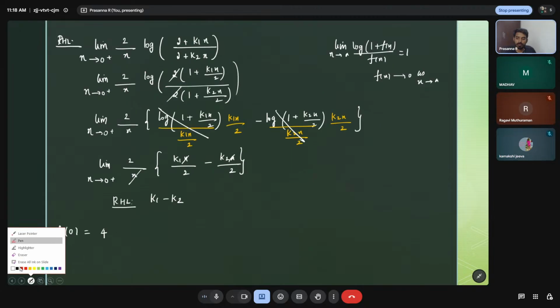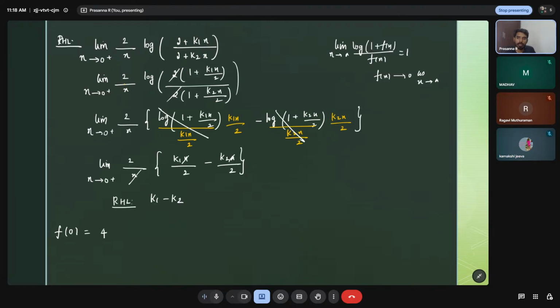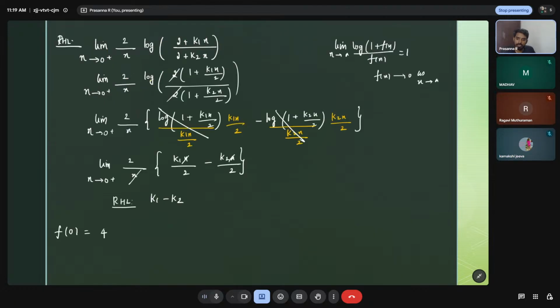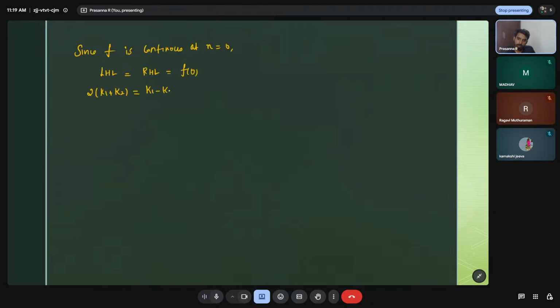So since f is continuous at x equal to 0, your LHL, RHL and your function value all are equal. So my LHL is 2 times k1 plus k2, your RHL is k1 minus k2, and the function value at 0 is 4.